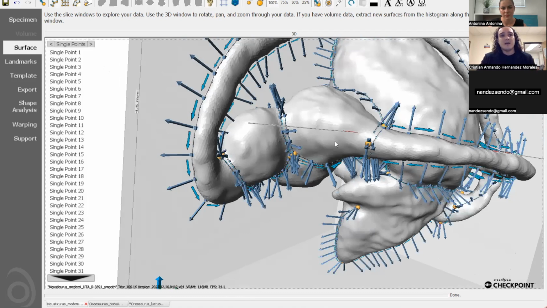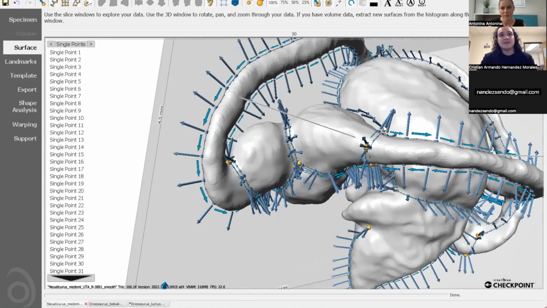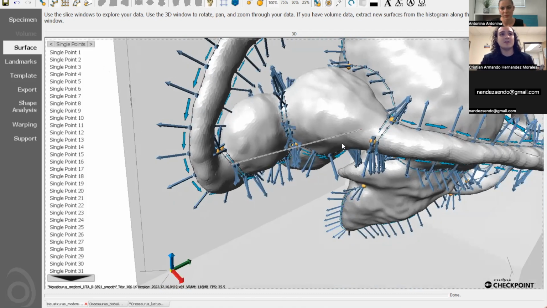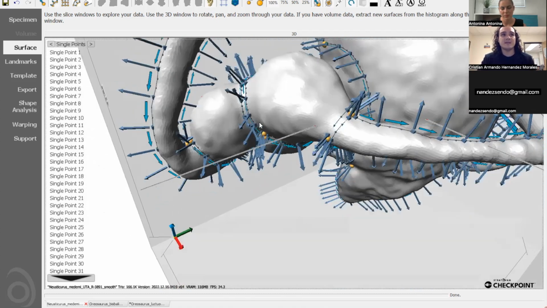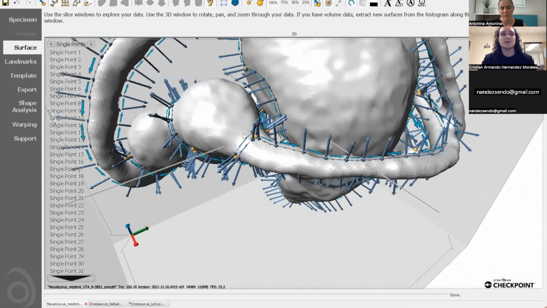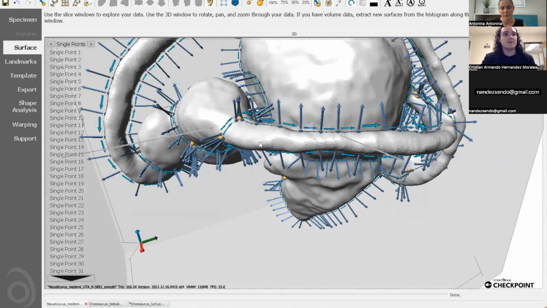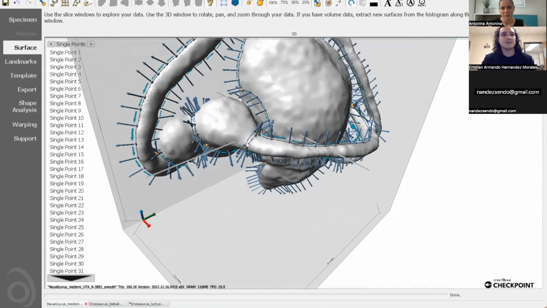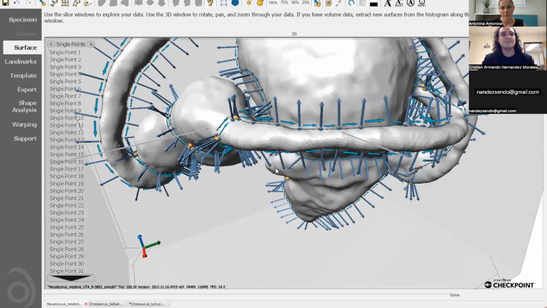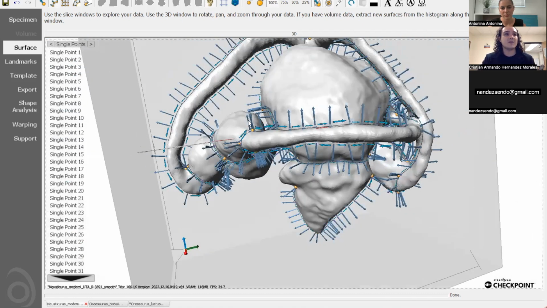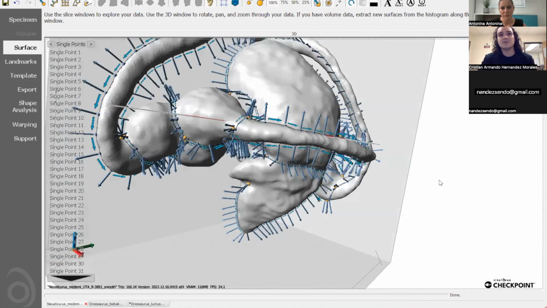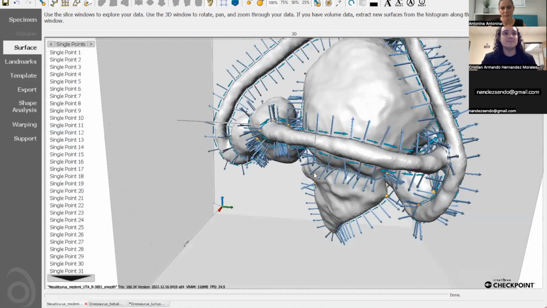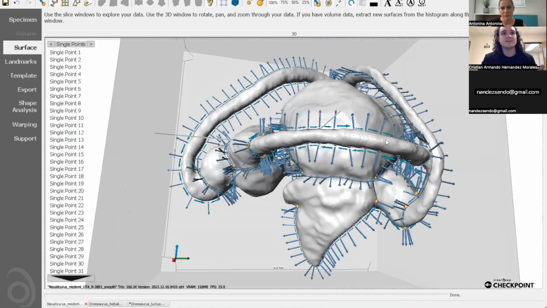So once I define the landmarks, what I'm trying to do here is create patches that cover the whole structure. For example, this structure here is the lateral canal. Then what I try to do is connect all the landmarks that I'm using to describe the shape of the lateral canal with these curves.